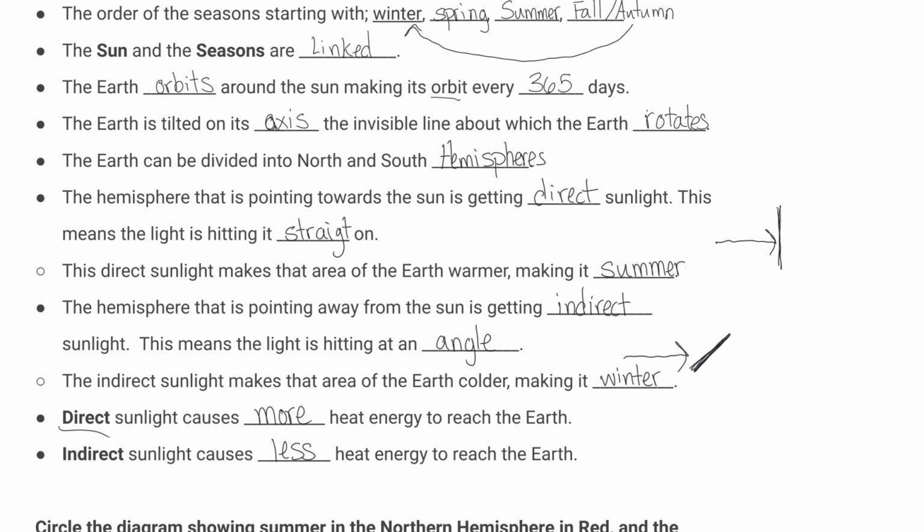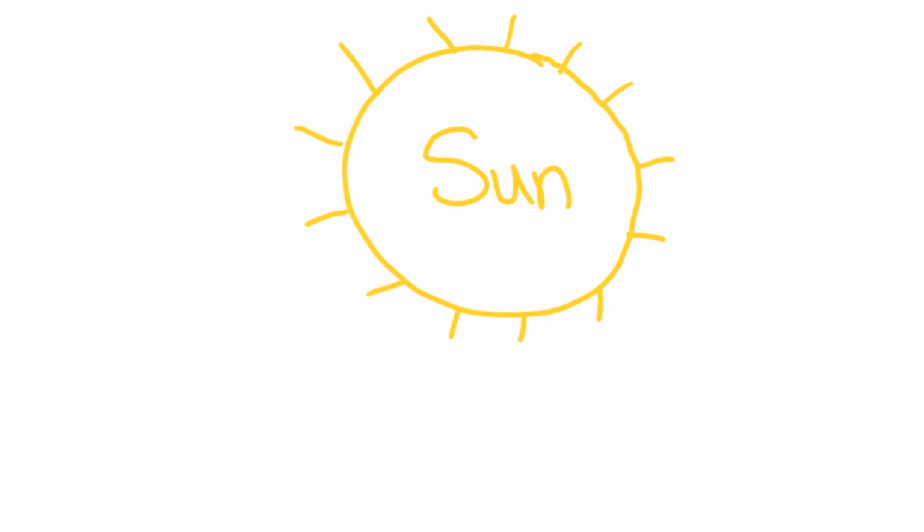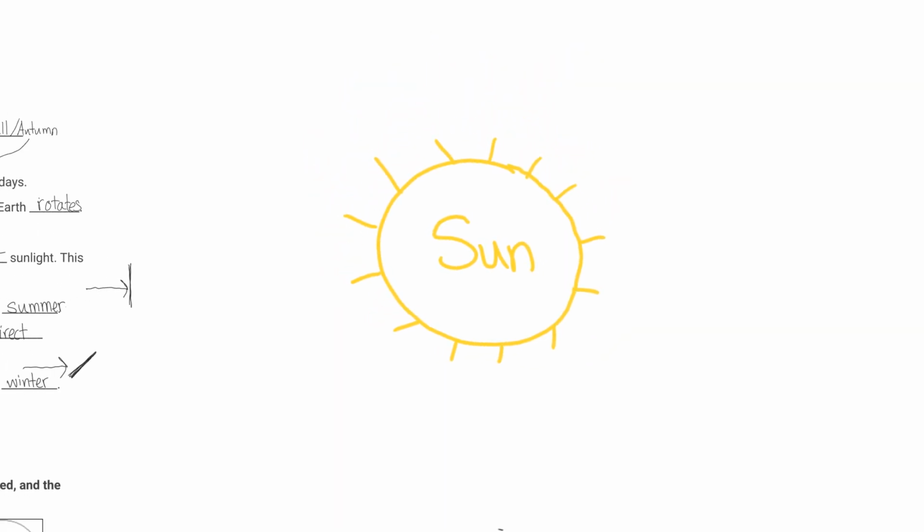So before we go to the diagrams at the bottom, let's take a look at one more drawing here. So here's our sun. And imagine if the Earth is over here. And like I said, because the Earth is tilted on its axis, here's our northern hemisphere. This is our southern hemisphere.